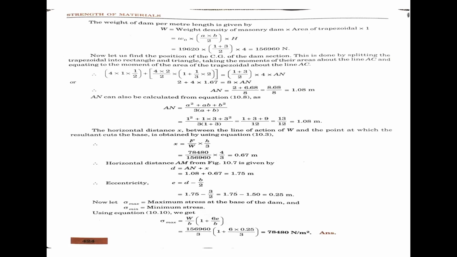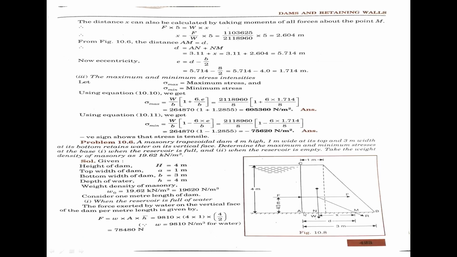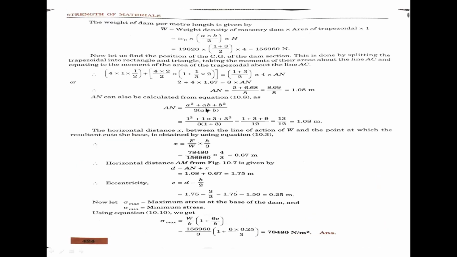Using the formula A square plus AB plus B square by 3 into A plus B, you have to calculate the distance An. See the diagram. Substituting the values, finally An is 1.08 meters.